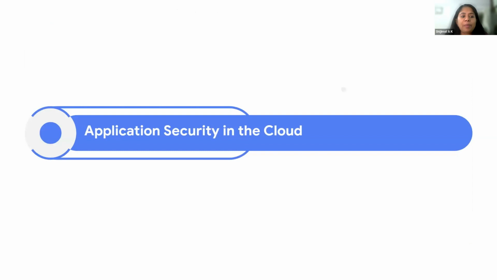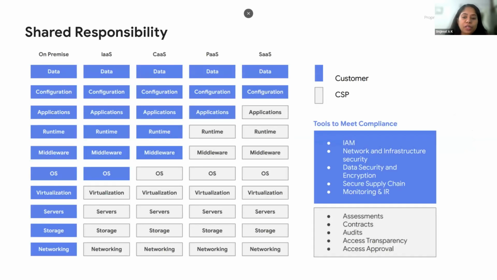Now let's talk about application security in the cloud. We talked about the different types of attacks and how the attacks can happen, and now let's look at how you can secure your application. What are the different ways of implementing application security? Whenever we talk about cloud, we always talk about the shared responsibility model.